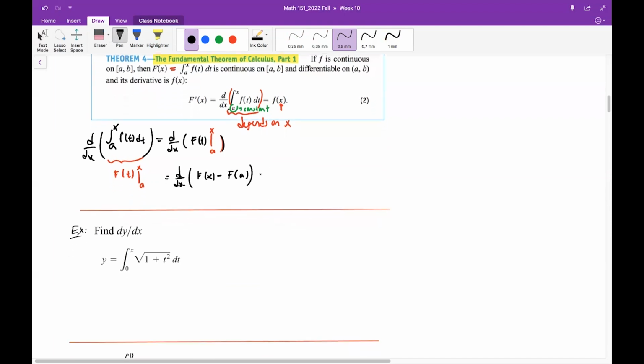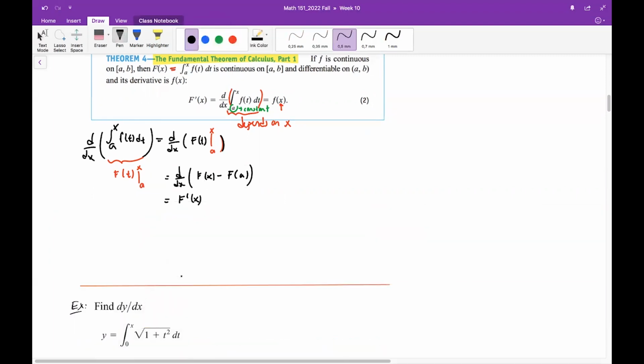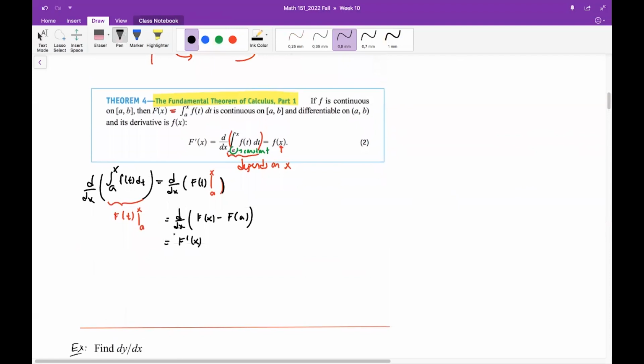So we can take the derivative now. Derivative of this constant is just gone, right? After taking the derivative. And what is the derivative of this thing? Since we know that the result here is this, and big letter F is the antiderivative of the small letter f function, its derivative will be our function, okay?